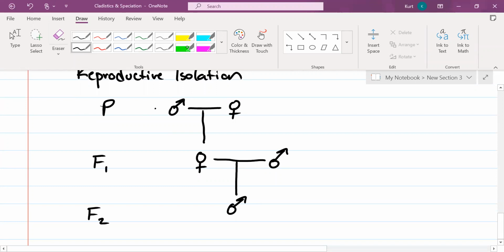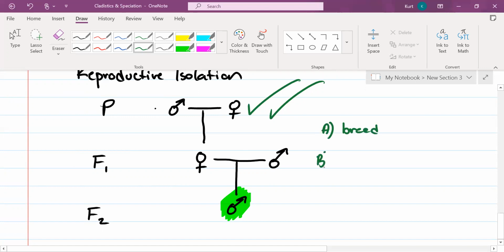The fact that this individual here in F2, which is the 3rd generation, actually exists, solidifies that these two are the same species. So in order to be considered the same species, you have to A, breed, and B, produce fertile offspring.